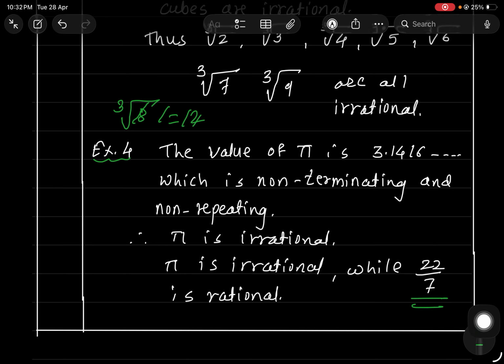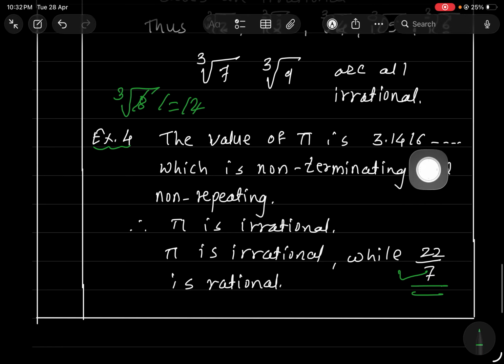Why? Because 22 and 7 are integers and it is written in the form p upon q, with 7 not equal to 0, so it is a rational number. And pi, if you divide continuously, numbers keep coming, there is no end, it is non-terminating and non-repeating, so it is an irrational number.